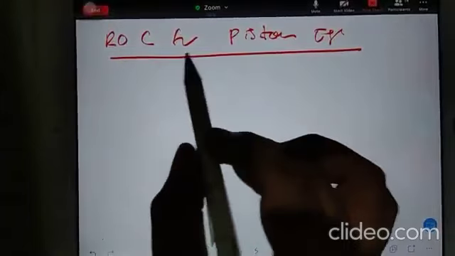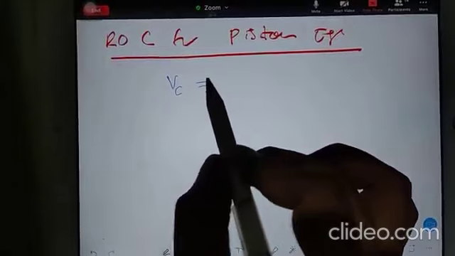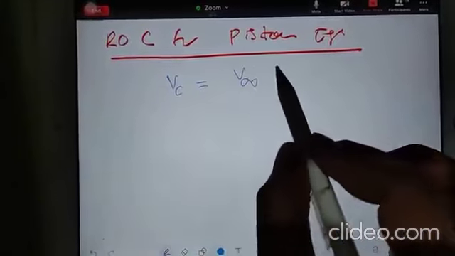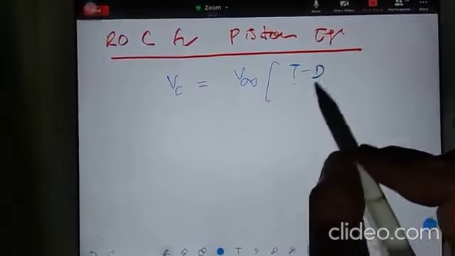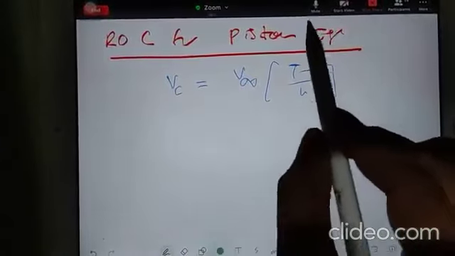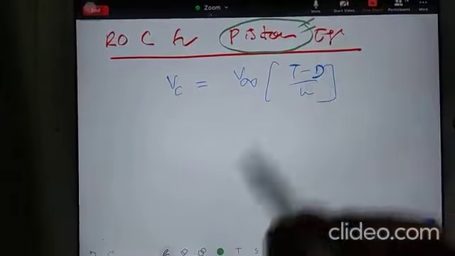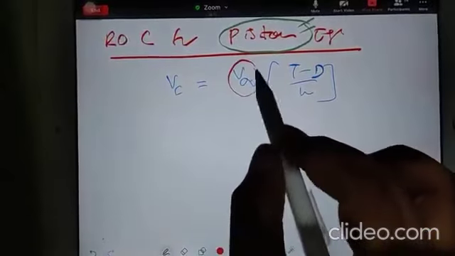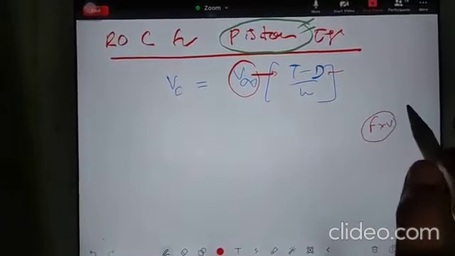So in this case, we start with the direct equation. We know our VC was nothing but V infinity sine gamma, and sine gamma was nothing but T minus D by W, right? Because we are discussing piston engine, and piston engine works on power, if I multiply this V infinity inside, you remember force into velocity gives you power.